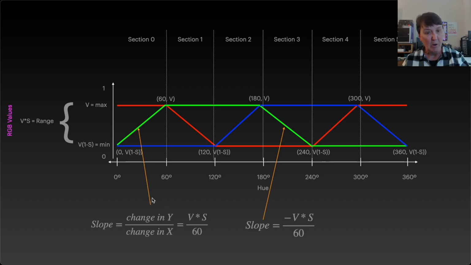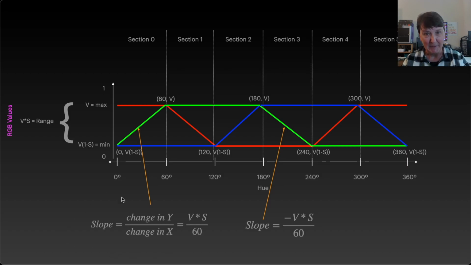So the change in y is V times S, and the change in x is 60 degrees. So that's the slope, and it's either positive or negative depending on which section we're in, and which color is the one in transition. So that's how I wrote my code.